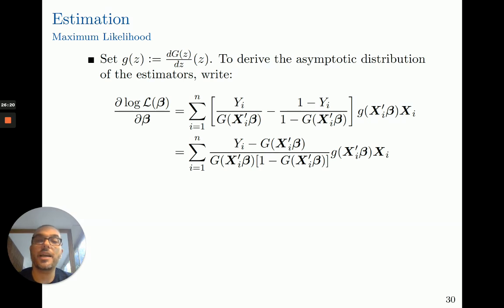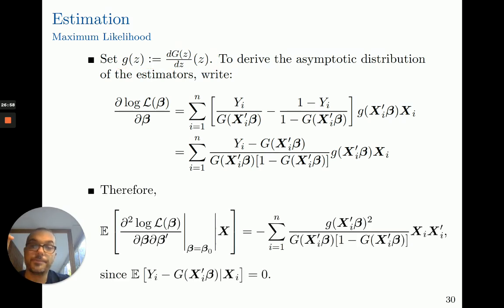The first thing we have to do is compute the derivative of the log likelihood function with respect to beta. That's what we find in the end, where we define lowercase g as the derivative of the g function with respect to its argument.